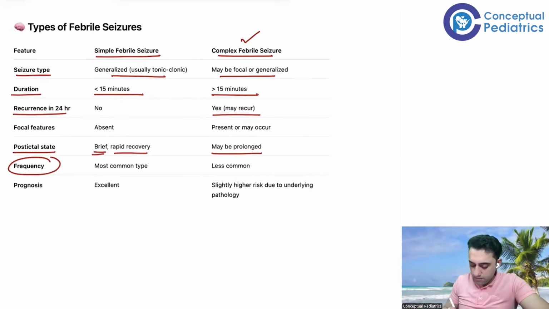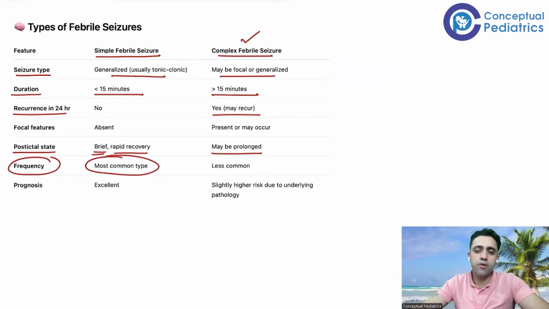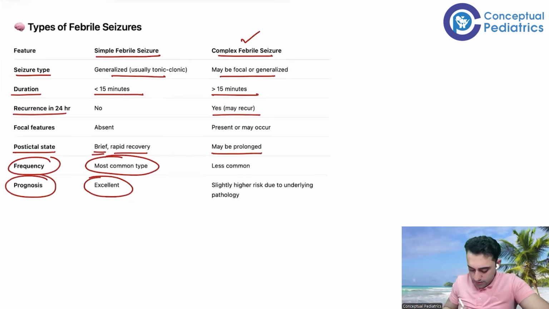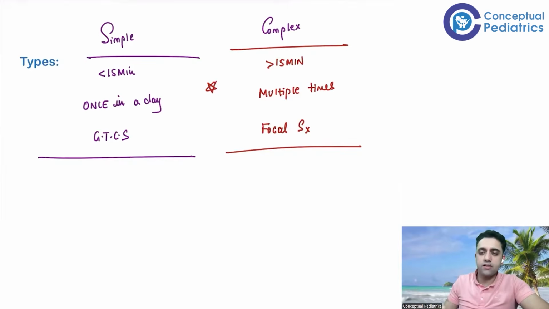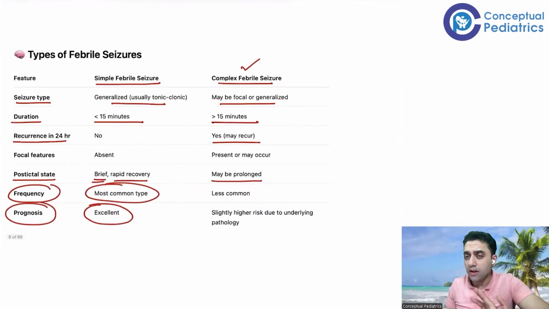Which is the most common type? Simple febrile seizures are most commonly seen, and that is why the prognosis is excellent. These three basic differences must be known for exam purposes.